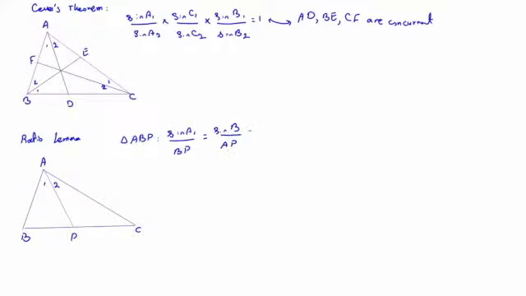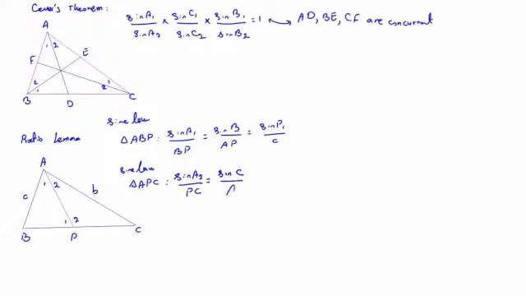Also, you can say it is equal to sine P1 over AB. If we consider triangle APC and consider again the sine law here, sine A2 over PC equals sine C over AP equals sine P2 over AC.